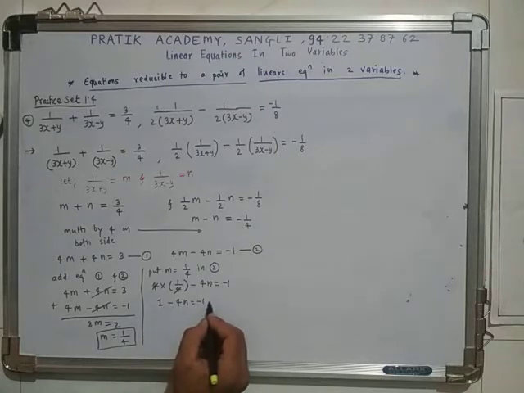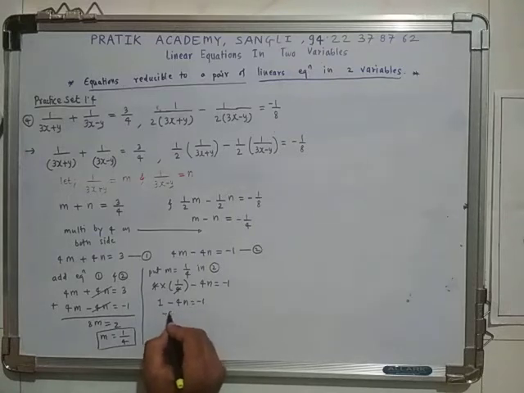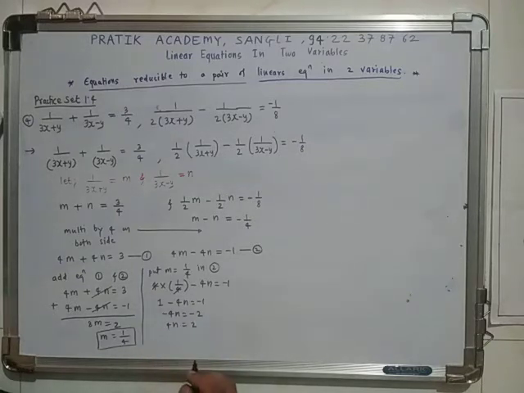When this 1 comes to the right side, it becomes minus, so minus 1 minus 1 is minus 2, then minus minus get cancelled, so 4n is equal to 2. Therefore n is equal to 1 upon 2.